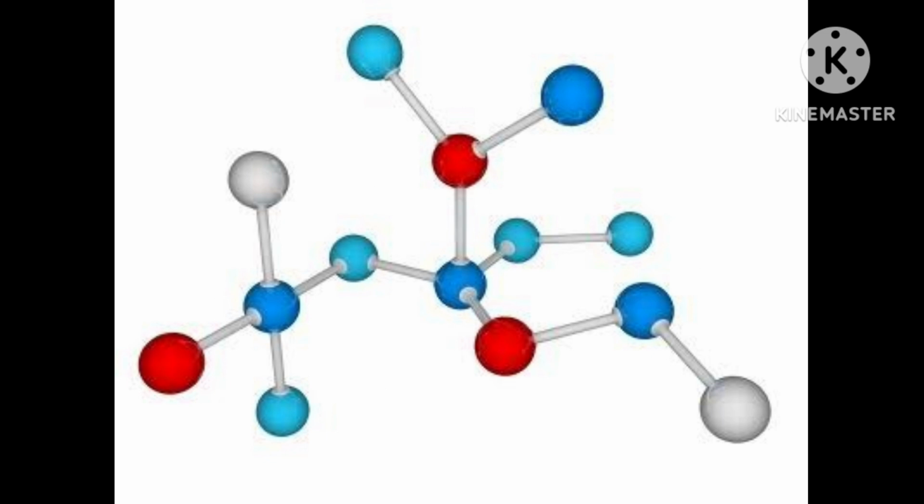Like that, they can ask the question for ethyne, acetylene: how many sigma bonds are there, how many pi bonds are there? Between CC a triple bond is there, so 1 sigma bond and 2 pi bonds.